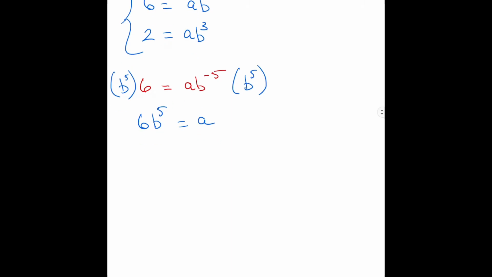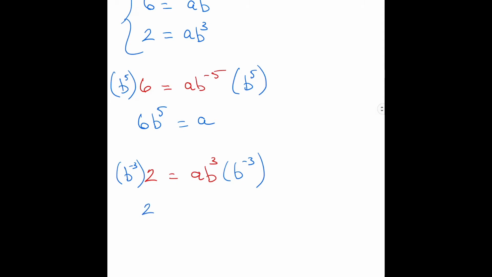For the second equation, I have 2 = ab^3. I'm going to solve that for a by multiplying both sides by b^(-3). When I do that, on the right-hand side, b^3 times b^(-3) is b^0, which is just 1.